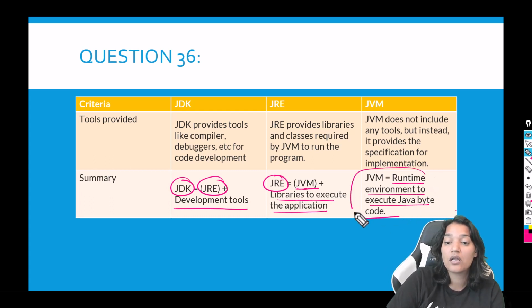This is where your program is going to get executed. And JDK contains JRE plus other development tools like compiler, debugger, etc. So this is the major difference between JVM, JDK, and JRE.